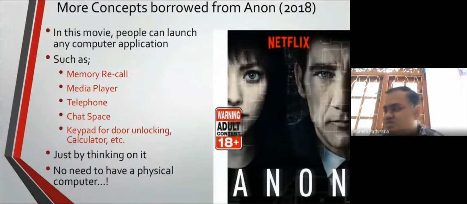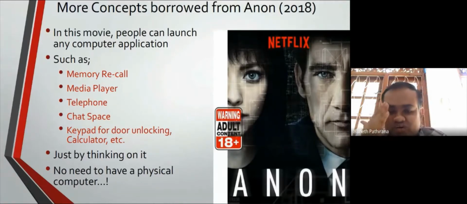We can borrow more concepts from the same science fiction movie, Anon. So, memory recall. You can use your own brain as a media player to play back recalled memories, to simulate something, or to load some imaginary scenes. And you can just use the telephone. That means you don't need a physical telephone. You can communicate with a different person, making calls using a chip implanted within your head.